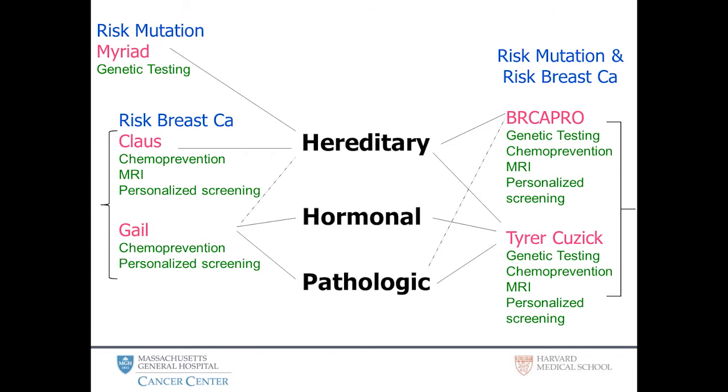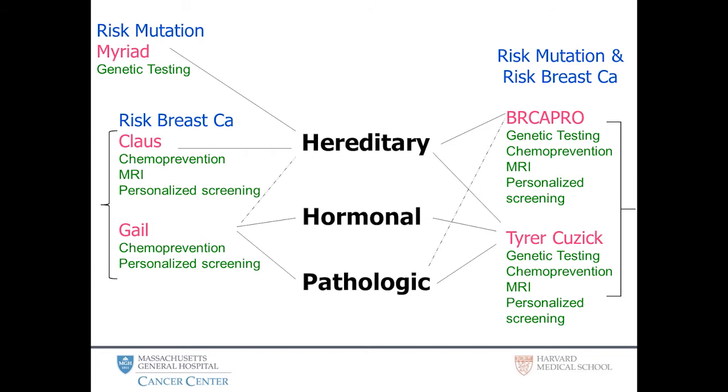Claus can be effective for determining who needs chemoprevention, who needs an MRI, or who needs personalized screening. Gail is useful more for chemoprevention or personalized screening. It should not be used to determine who needs an MRI. The American Cancer Society and the NCCN have both said Gail is ineffective in identifying high-risk individuals for hereditary reasons, and therefore should not be used to determine who needs an MRI.